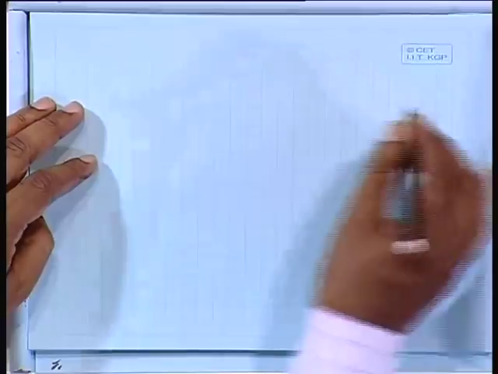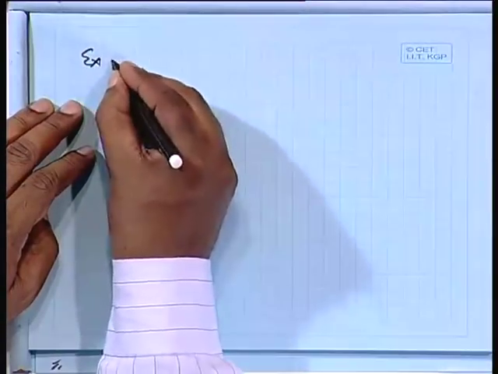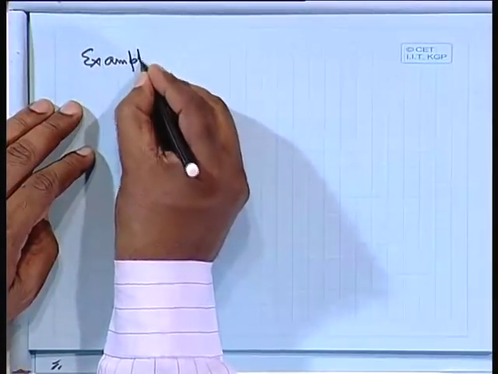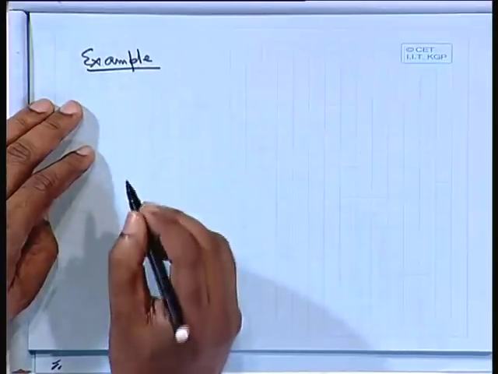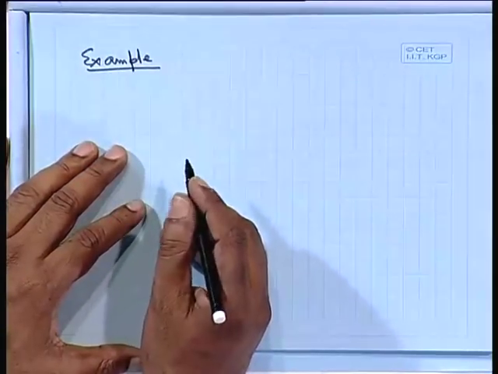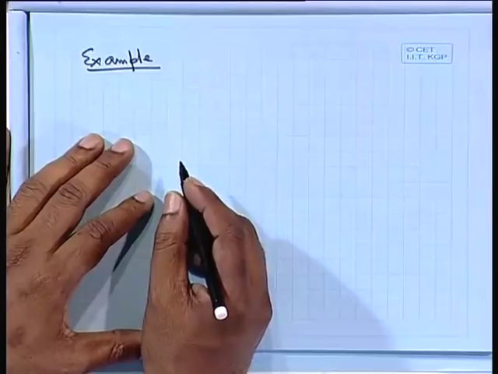So, let us take one example, at least let us start today. And this type of staircase is called longitudinal type.